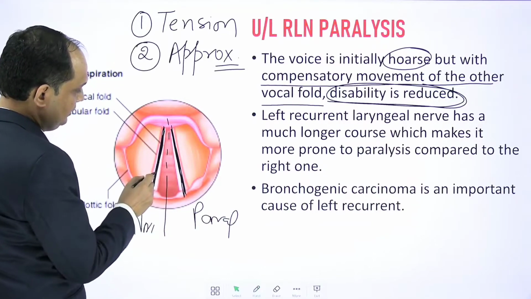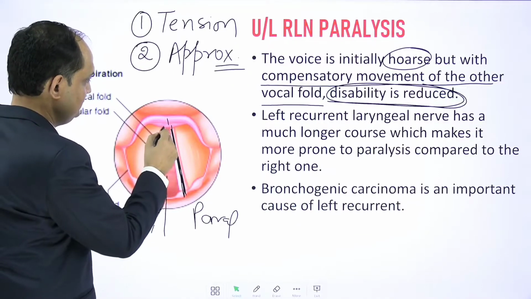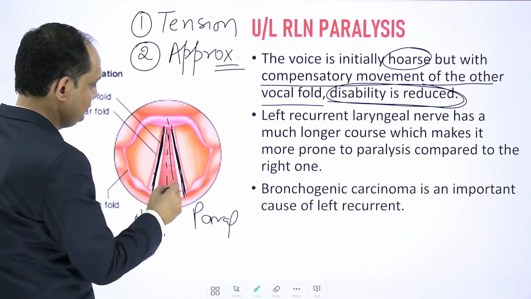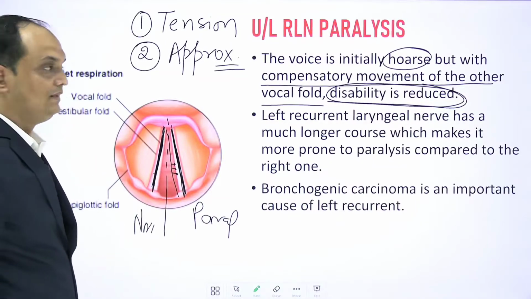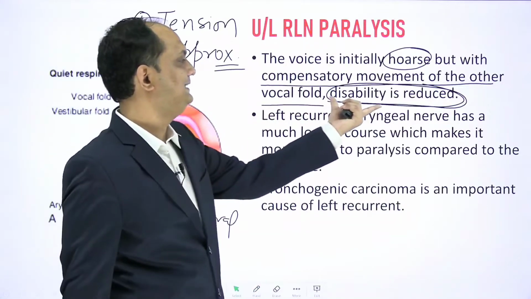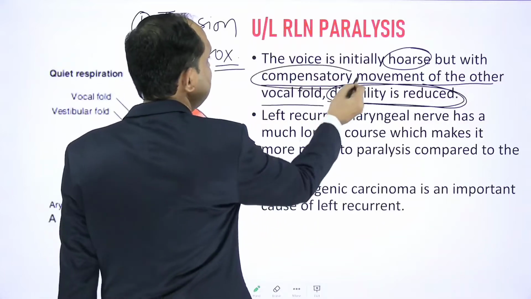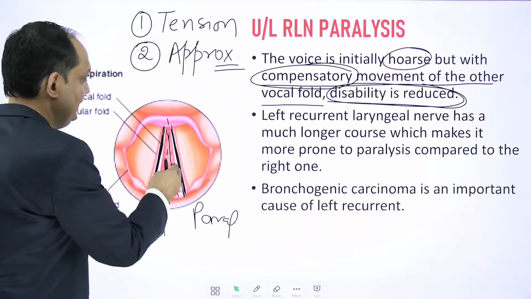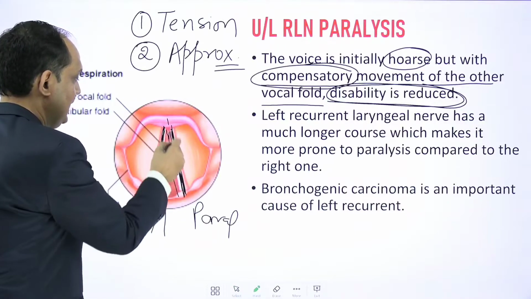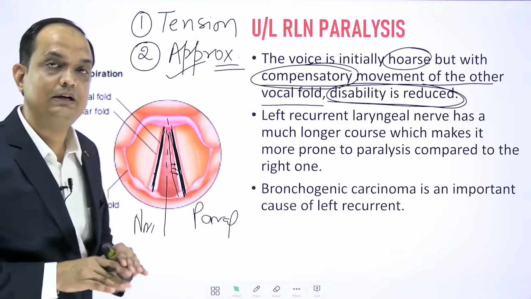Now this vocal cord starts to compensate. That means this vocal cord has a tendency to cross the midline and try to touch this vocal cord. So it is written here that disability is reduced with time because of the compensatory movement of the other vocal cord, which crosses the midline and reaches here, and approximation of the vocal folds occurs for the production of voice.